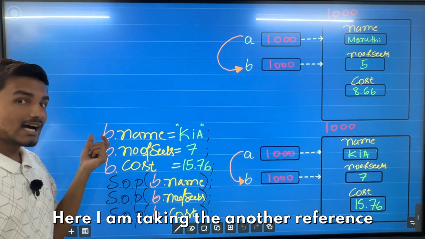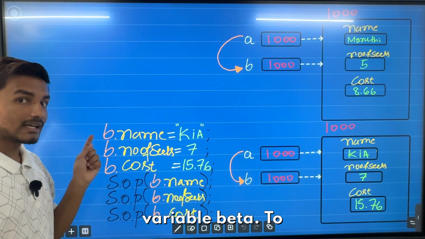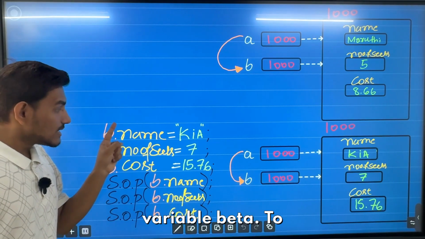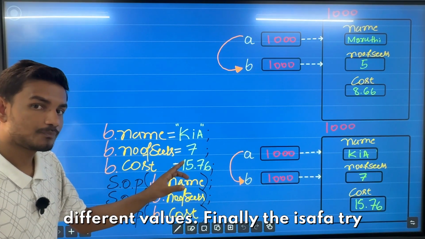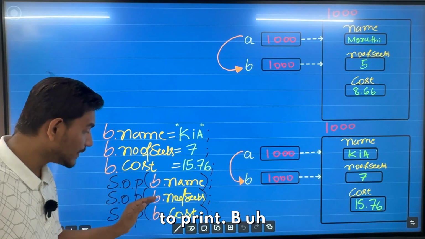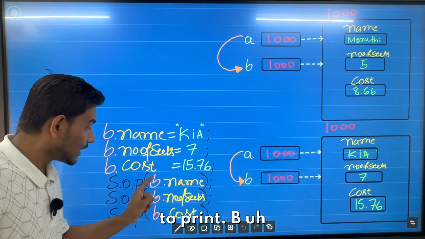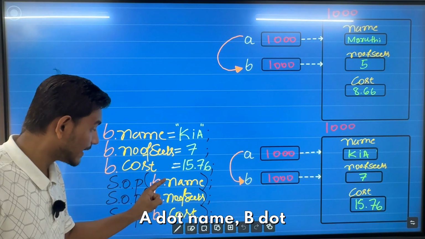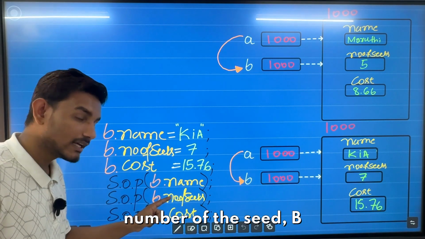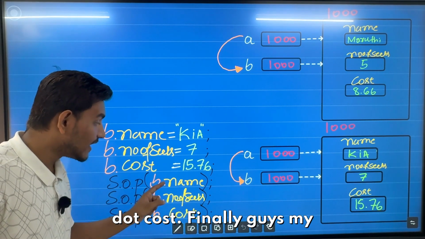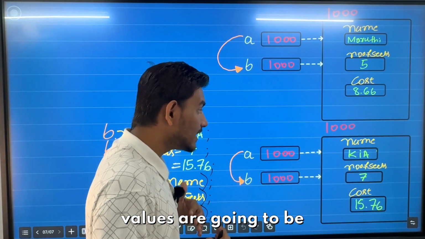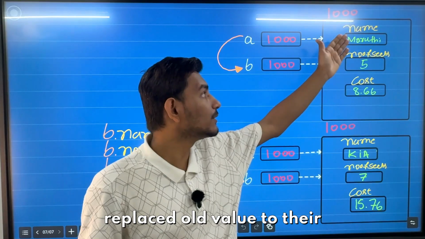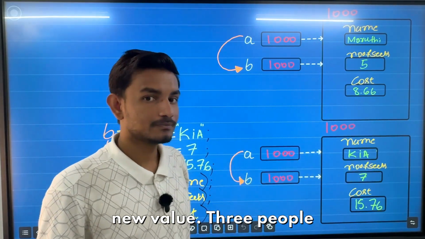Now here I am taking another reference variable B. To the same properties, I am assigning different values. Finally, guys, if I print B dot name, B dot number of seats, B dot cost, my values are going to be replaced, old value by the new value.